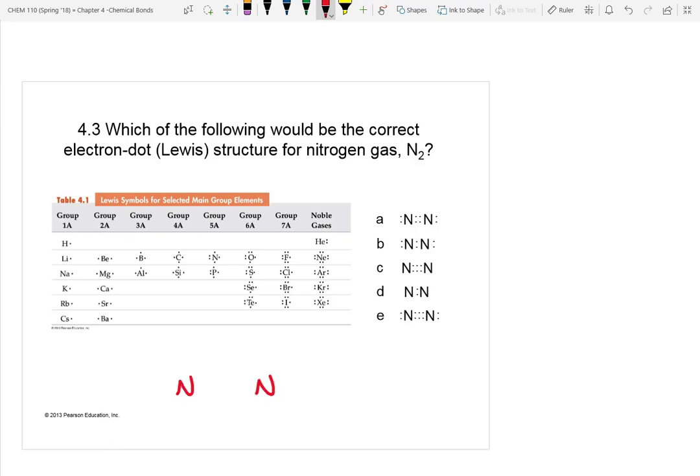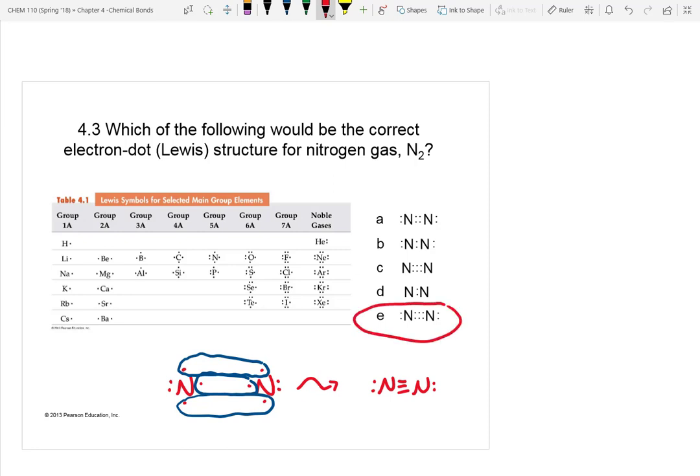We've got 2 nitrogens. How many valence electrons do we have on nitrogen? 5. So I'll just go ahead. 1, 2, 3, 4, 5. 1, 2, 3, 4, 5. We want to pair up electrons and try to get octets if possible. So I'll pair that one, pair that one, pair that one. Looks good to me. That means we have a nitrogen-nitrogen triple bond with lone pairs on the outside. So the best one for this one has got to be E. That's the only one with the triple bond in between with lone pairs outside. So make sure you can practice with Lewis structures, especially with double or triple bonds.